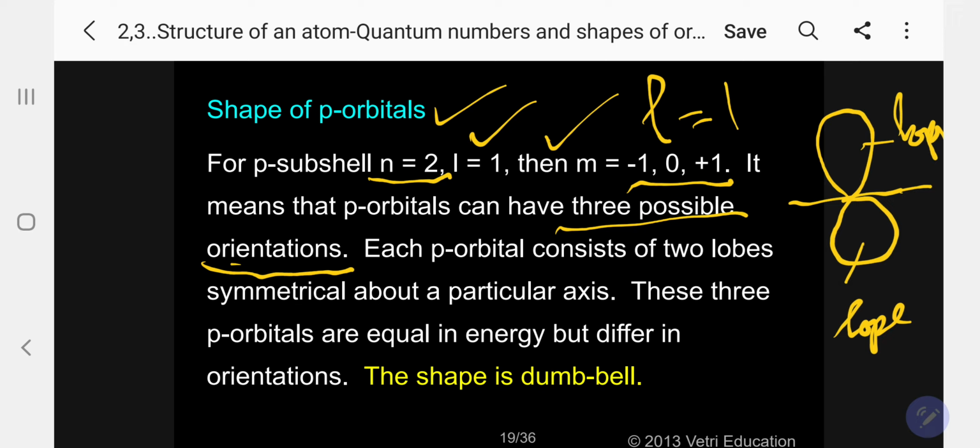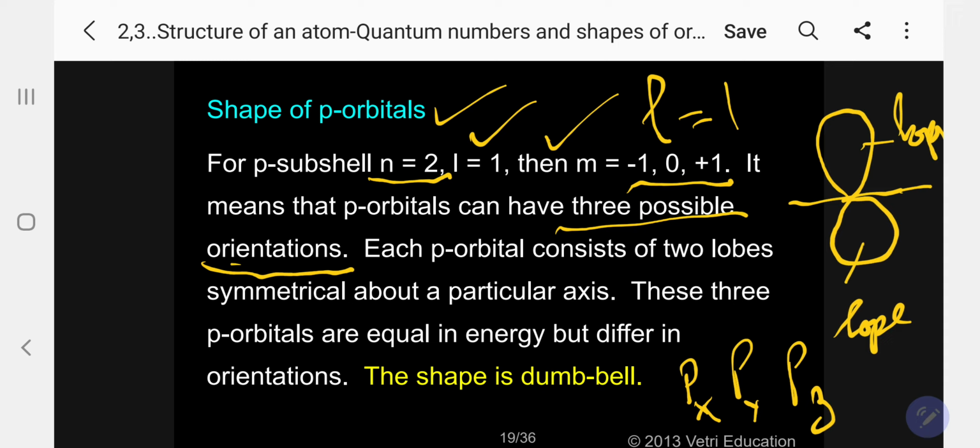These 3 p orbitals, I can give the names px, py, and pz. They are present along the x-axis, y-axis, and z-axis. So, these 3 p orbitals have equal energy but differ in orientation. x, one orientation, y, another orientation, and z, another orientation.